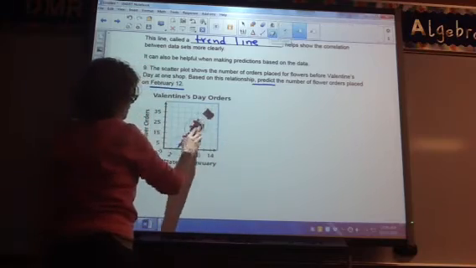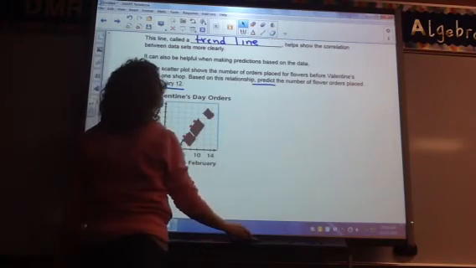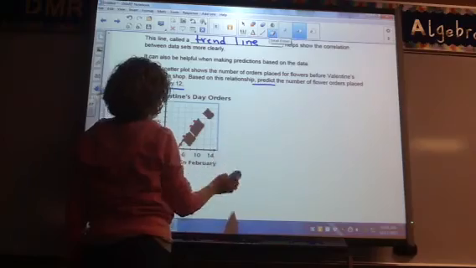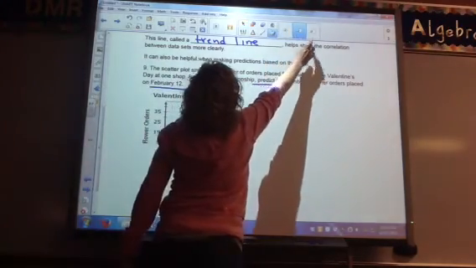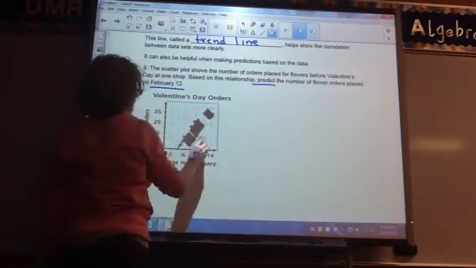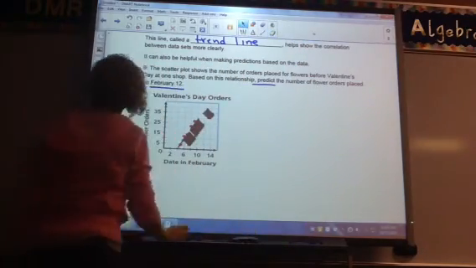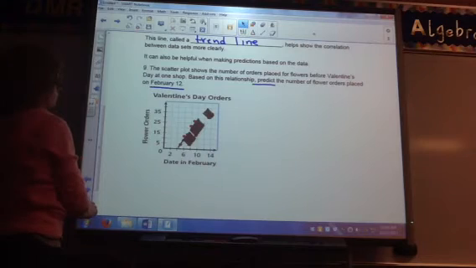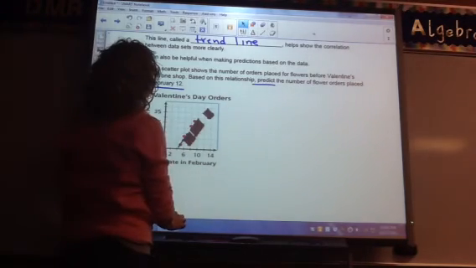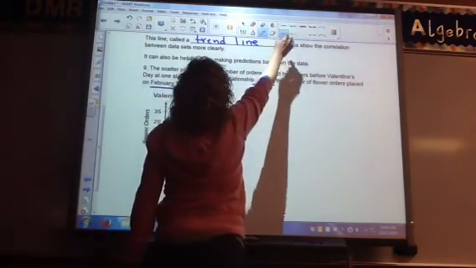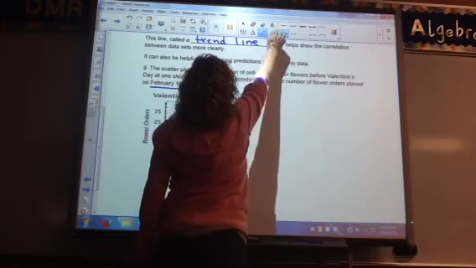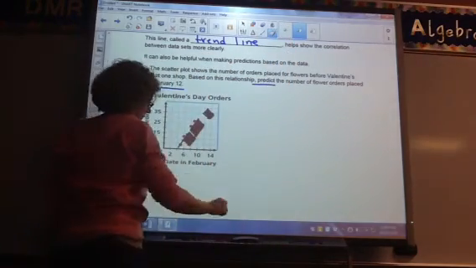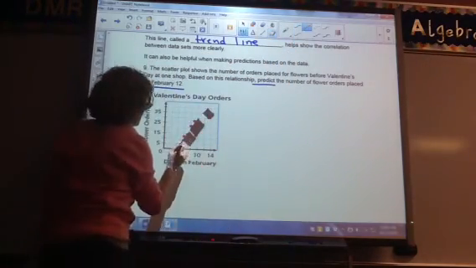That didn't work. All right, looks like I messed this up. Let's see how I can get that off of there. Okay, I'm going to go like this, do it in red.